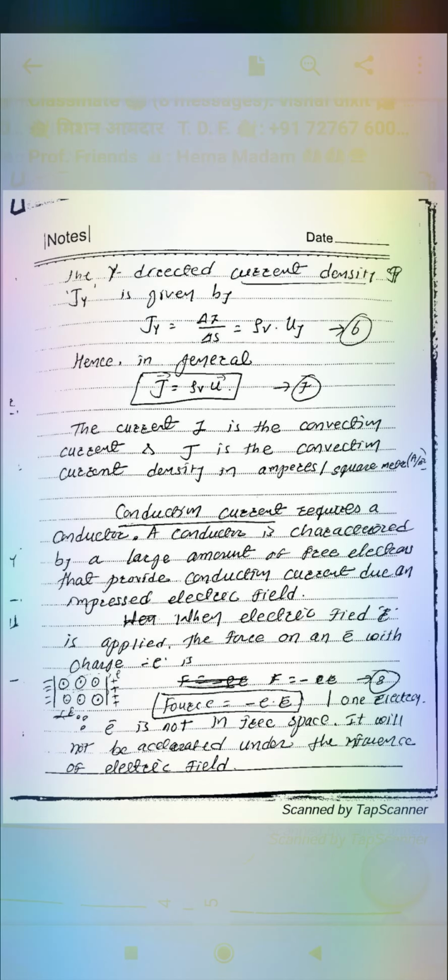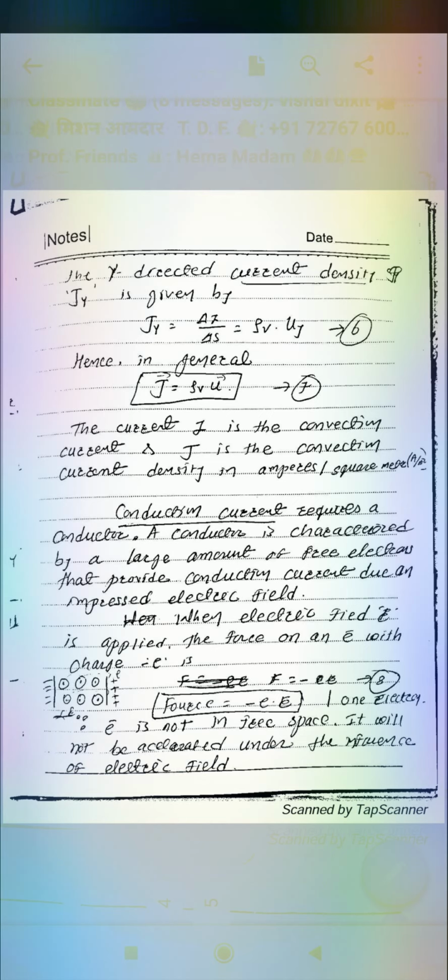When the electric field E is applied, the force on the electron with charge minus e is, if suppose there is one metal, positive and negative charges are applied, then the electron flows from negative to positive, while the current direction is opposite to that of the electron.